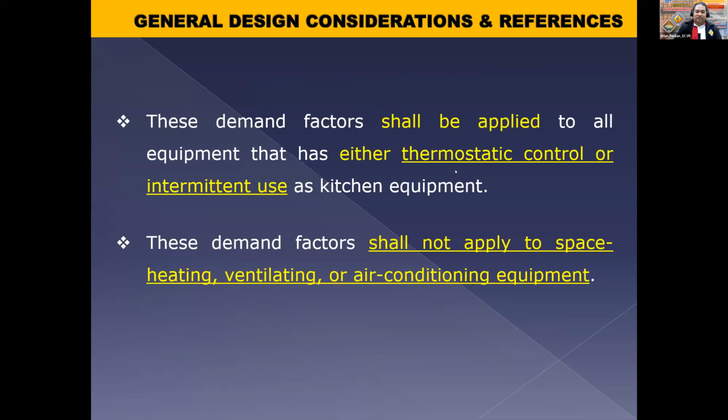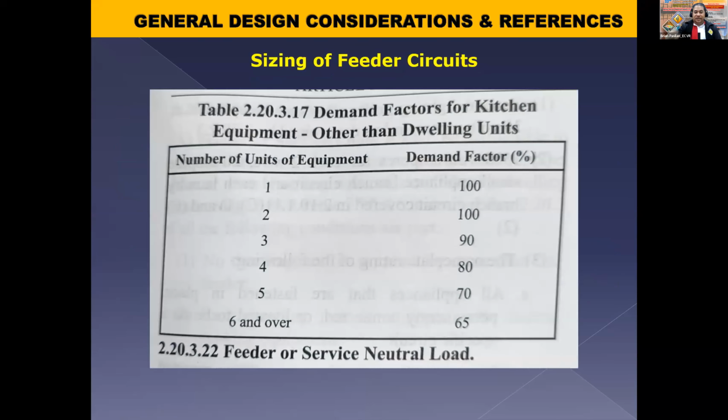So, for kitchen equipment na talaga itong table na ito, other than dwelling units. Kung mga restaurant yan, ito yung gamitin natin. If we have 2 kitchen equipment, 100% yan of those loads. Pag more than 2, up to 3, apply natin na 90%, so on and so forth. Okay? So, ito yung guide natin for kitchen equipment.